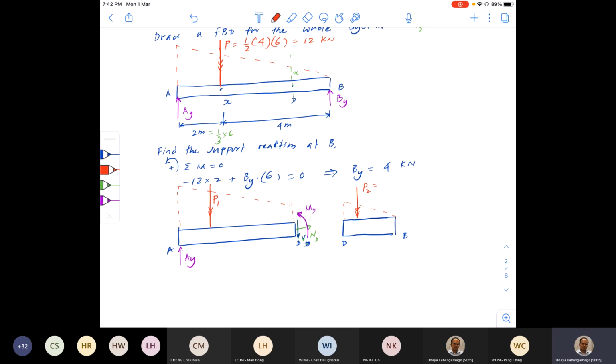Okay, right. Next we have to mark our reactive force By. Okay, so all the external forces are complete, and now we mark the internal forces.